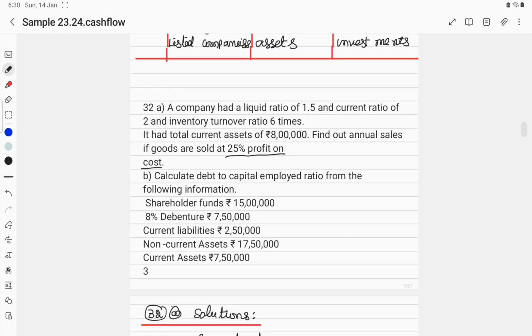32B. Calculate debt to capital employed ratio from the following information.